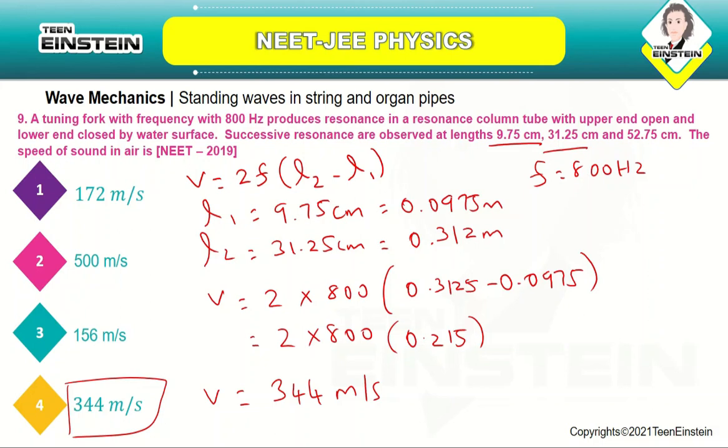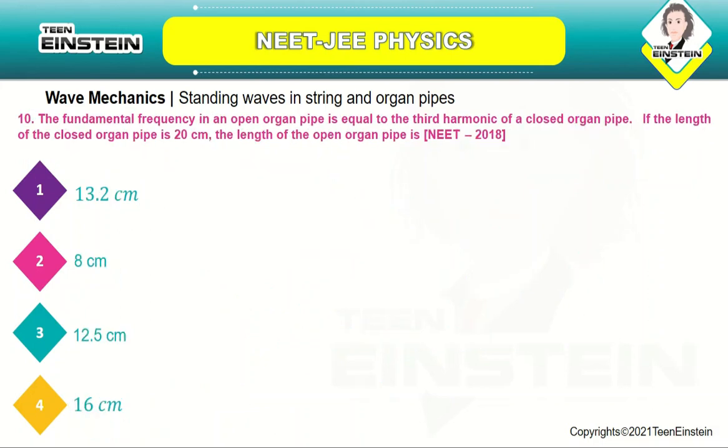Okay, so let us now move on to the next question. The fundamental frequency in an open organ pipe is equal to the third harmonic of a closed organ pipe. If the length of the closed organ pipe is 20 centimeters, the length of the open organ pipe is? So here the fundamental frequency of open organ pipe is given by N1 is equal to V by 2L0.